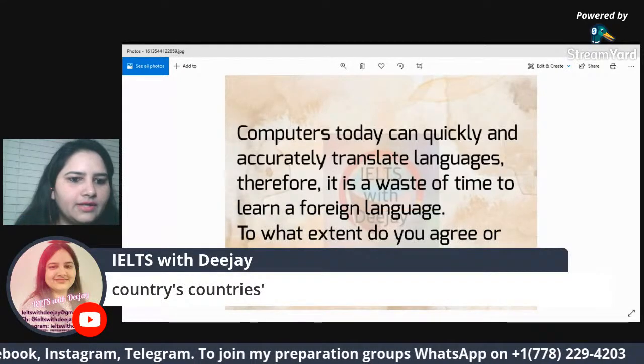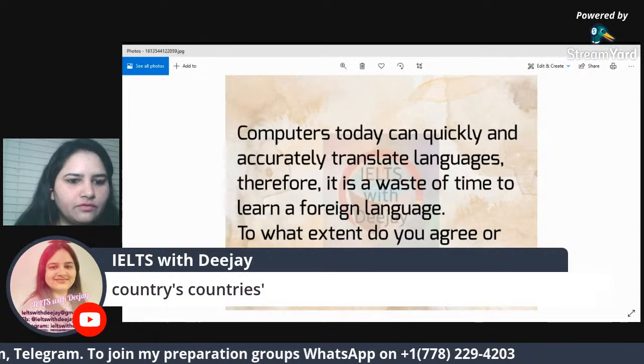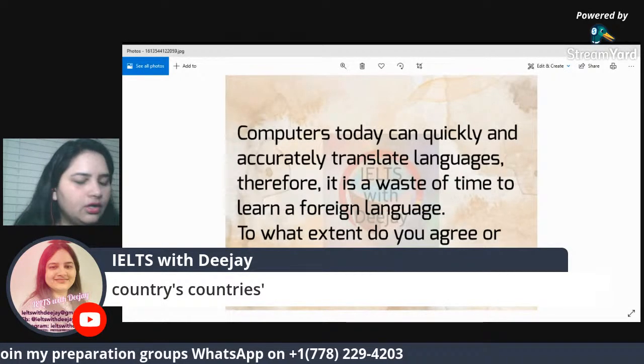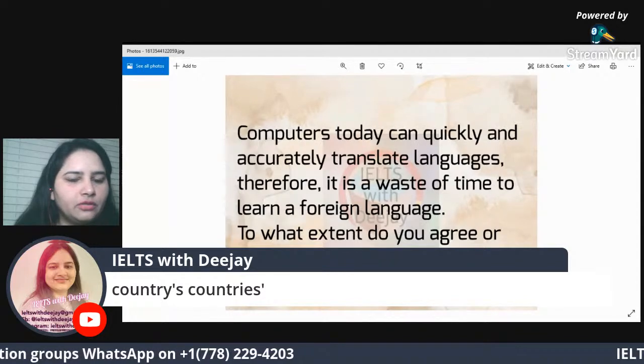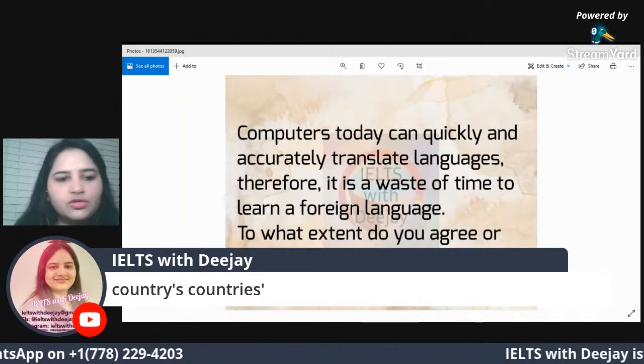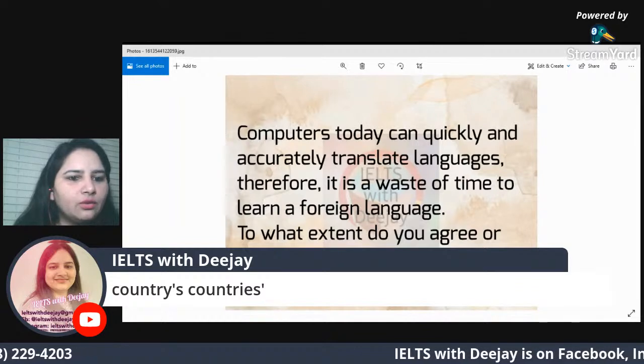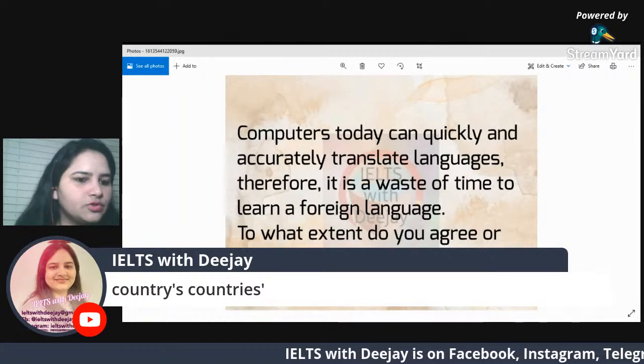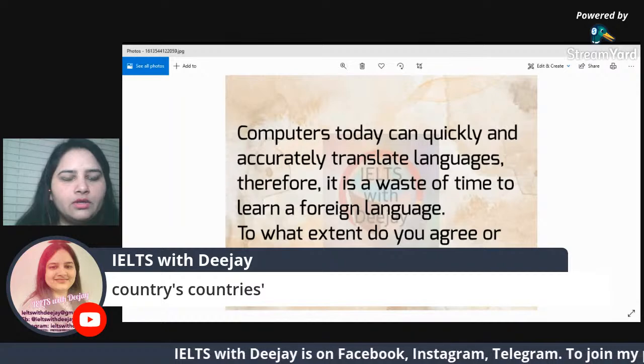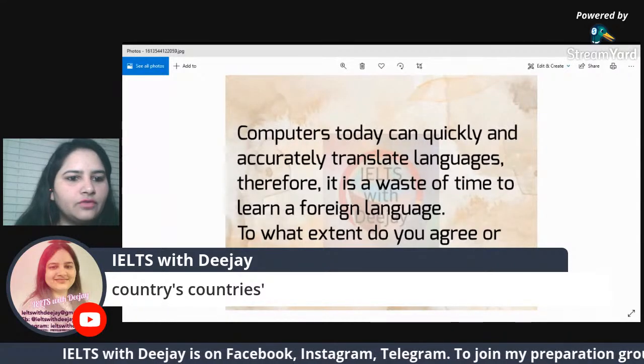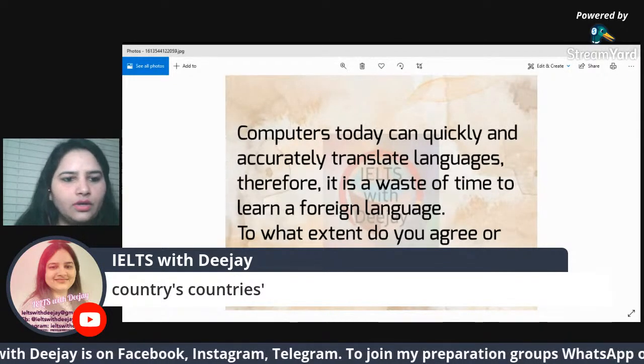See this one, guys. When you have to put the apostrophe for the singular, you will write the first one. For the plural, the way Pooja has written, you will write the second one. After S, you will put the apostrophe. Okay. So this is what you have to do. You have to use the second one, Pooja. Okay.